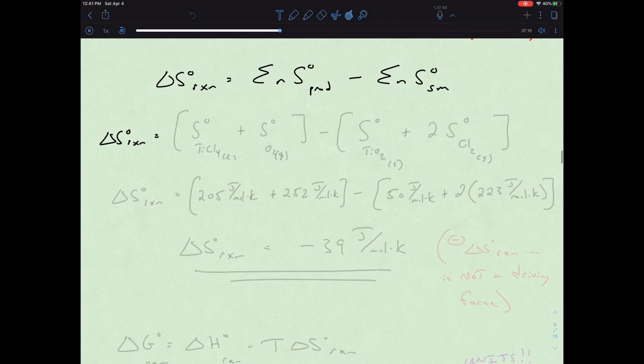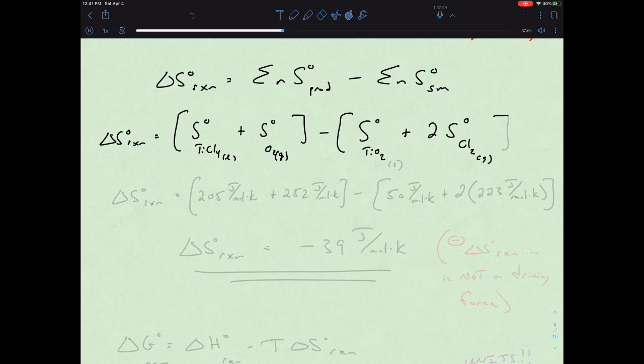So we would look at the entropy for our titanium tetrachloride product plus the entropy for our oxygen gas. And so there are our products. And then we would subtract that from the sum of the entropy of our starting materials, namely the titanium dioxide, plus 2 times the entropy of the chlorine gas.